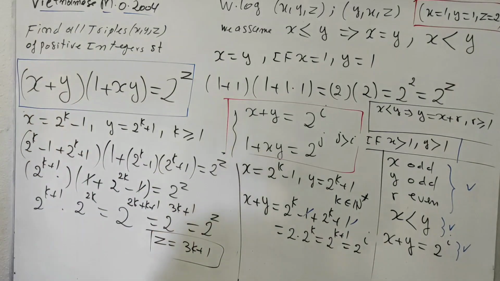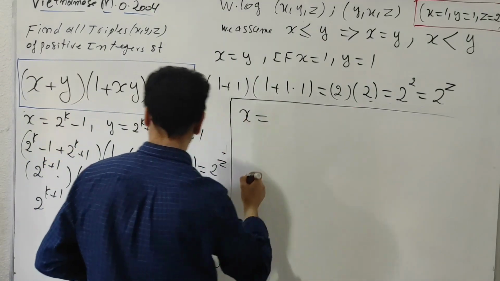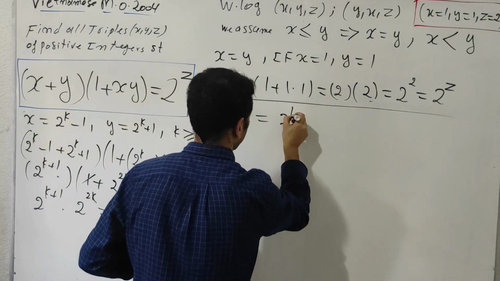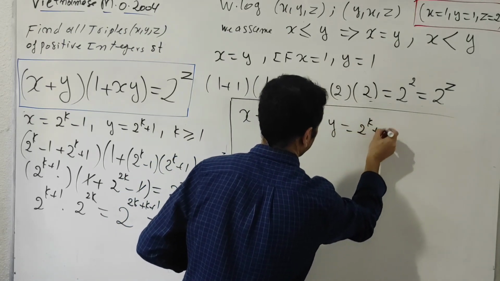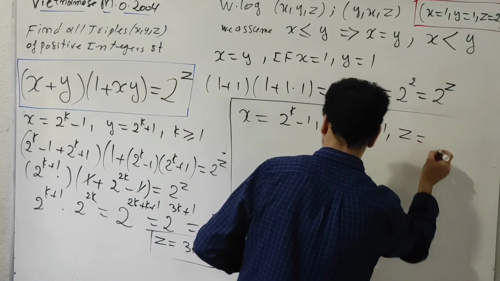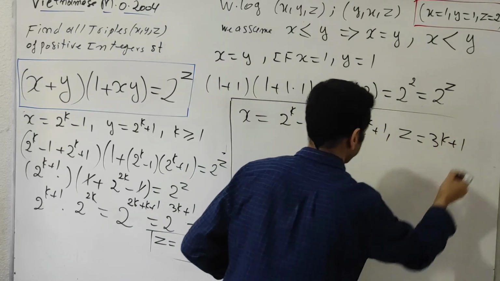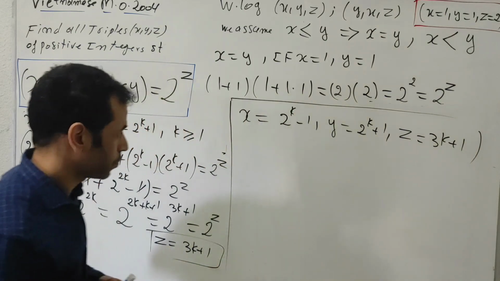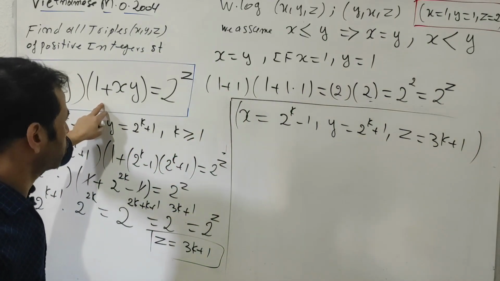I'm going to write the general solution for x, y, and z. x equals 2 to the k minus 1, y equals 2 to the k plus 1, and z equals 3k plus 1. Okay, this is the first solution. Don't forget we have a symmetry here, because x and y are symmetric in this equation.